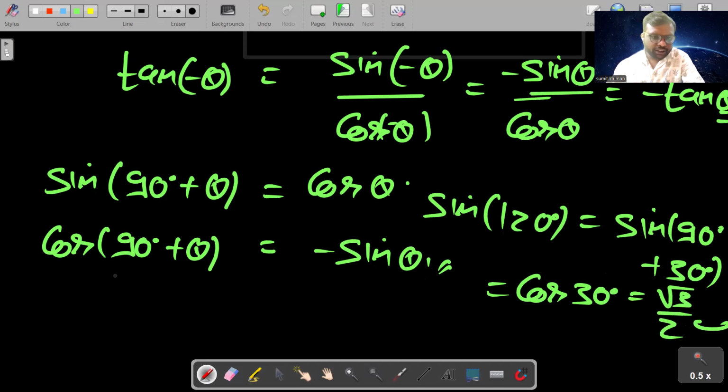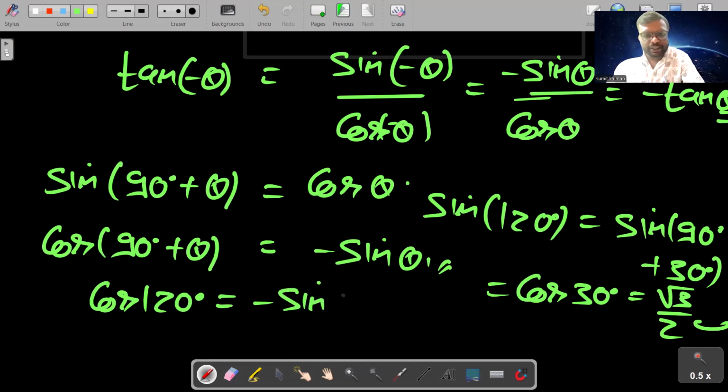Similarly, if you have to find the value of cos 120 degree, cos 90 plus theta is equal to minus sine theta, that is minus sine 30 degree, which is equal to minus half. So this is the short trick to calculate different trigonometric values.